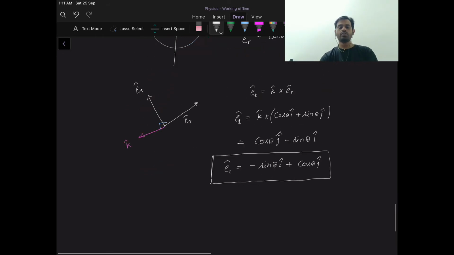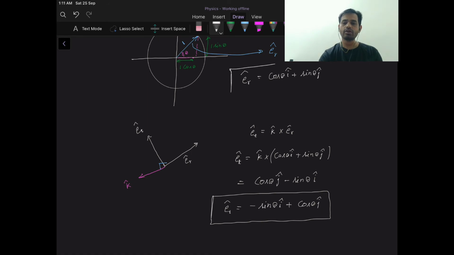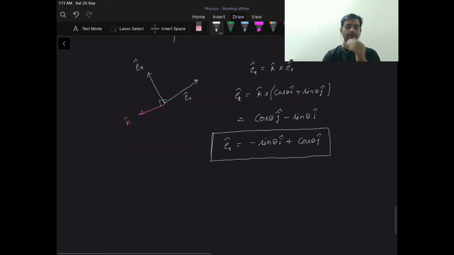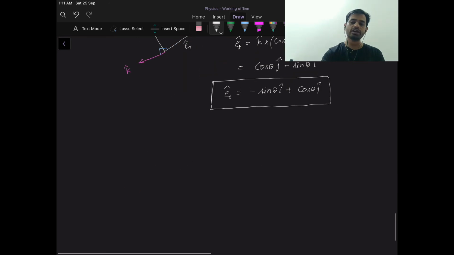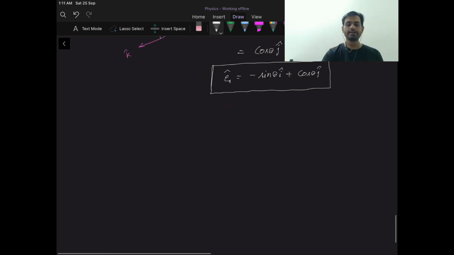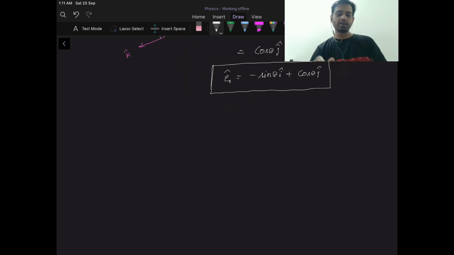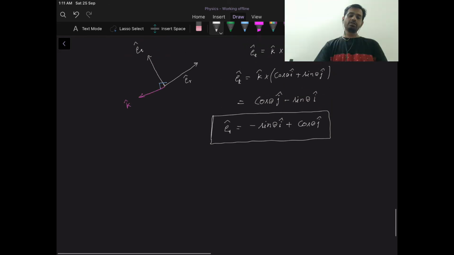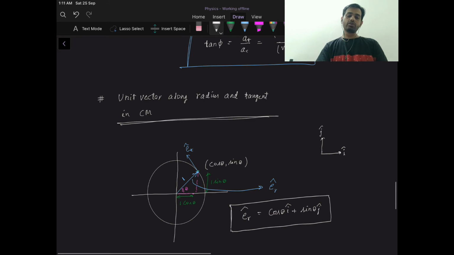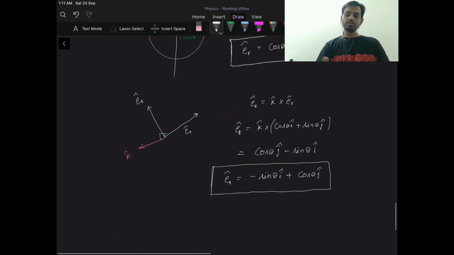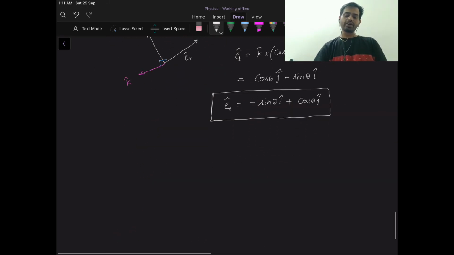So we have determined the unit vector along the radius as well as the unit vector along the tangent. Now let us determine how to find acceleration in terms of these unit vectors.